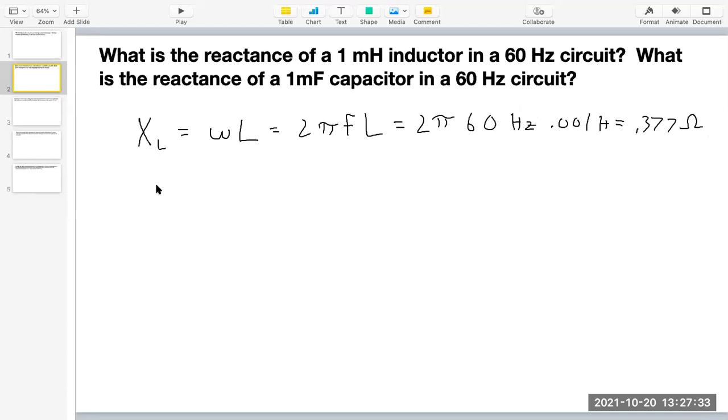And the capacitive reactance. Around 2.65 ohms.